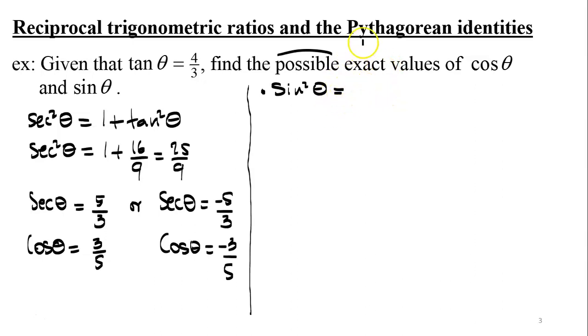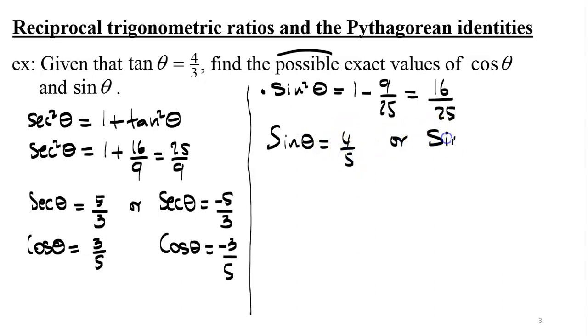So let's just start by finding sine squared. So I have 1 minus cosine squared. So in both cases, the square of cosine is 9 out of 25, which leaves me with 16 out of 25. So sine theta is 4 out of 5, or sine theta is negative 4 out of 5.